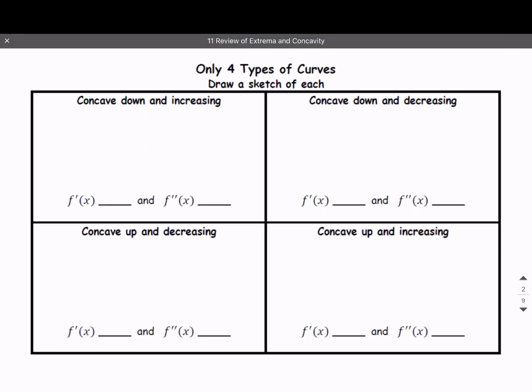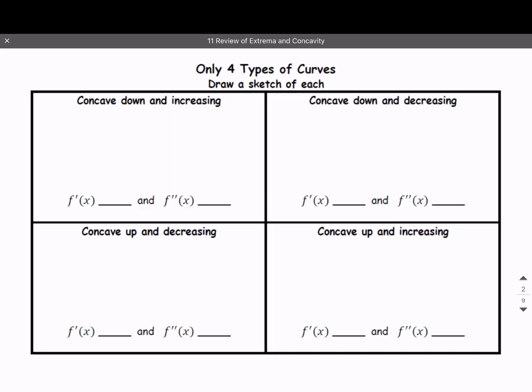Next, I want to talk about the fact that there really are only 4 types of curves that make up any nonlinear graph. No matter what the function is, as long as it's not linear, it's made up by combining these 4 types of curve.